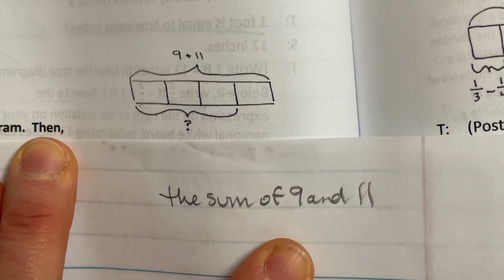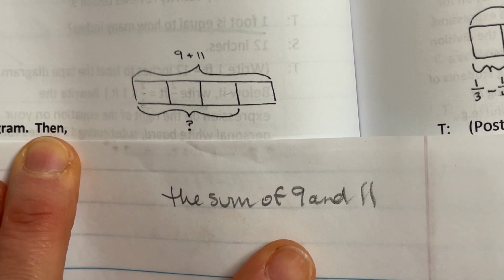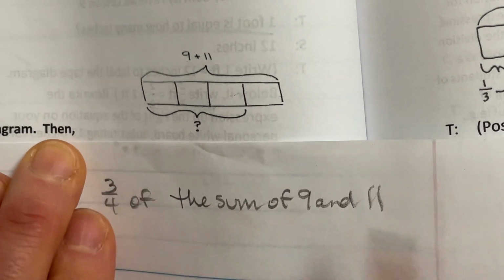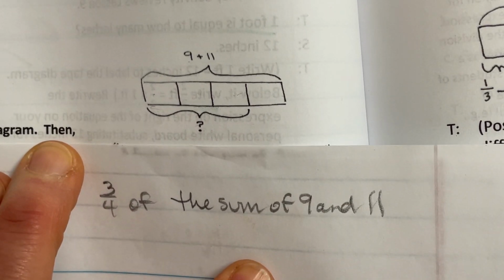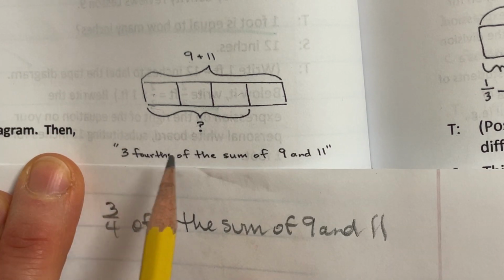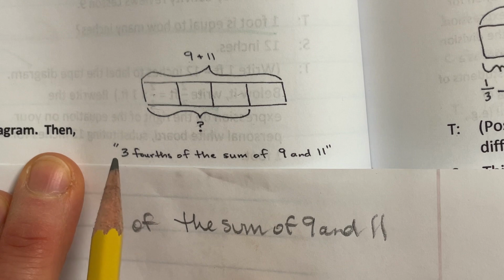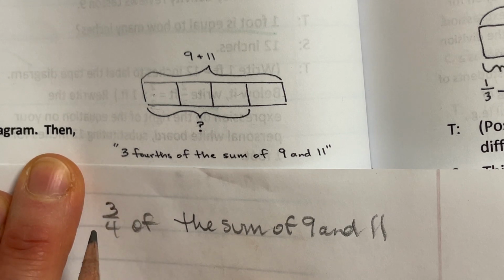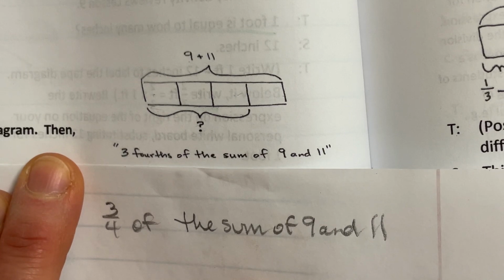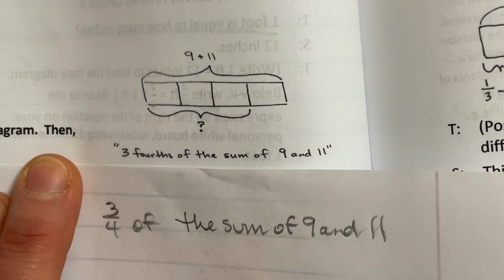Okay, so this expression I want to write is 3/4 of the sum of 9 and 11. Okay, or notice they wrote the 3/4 in word form, or this way is fine. 3/4 of the sum of 9 and 11 describes that tape. Okay, that's part of what we're doing today.